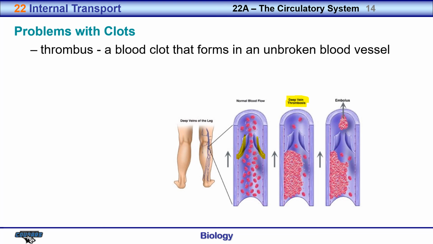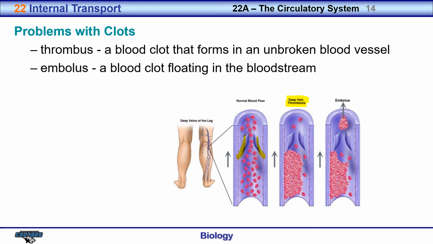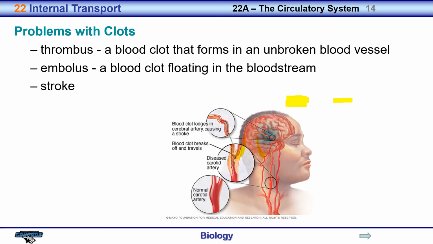Now, should part of that break off and start moving through the body, floating in the bloodstream, then you have an embolus. So it's just a blood clot that's floating through the bloodstream. Depending on their size, they can be rather dangerous. It can lead to things like a stroke.